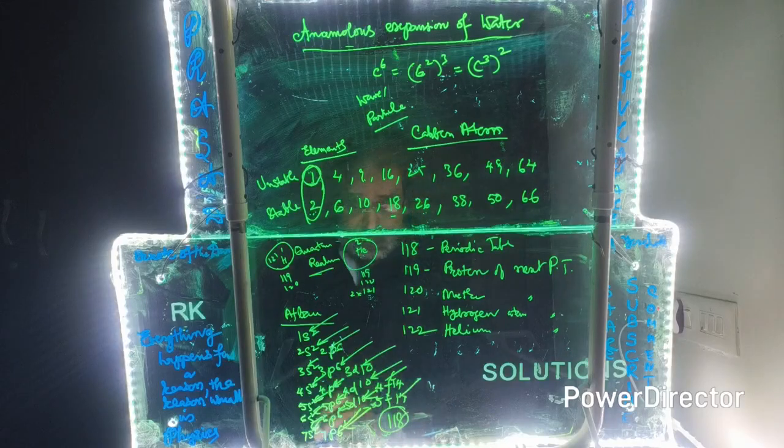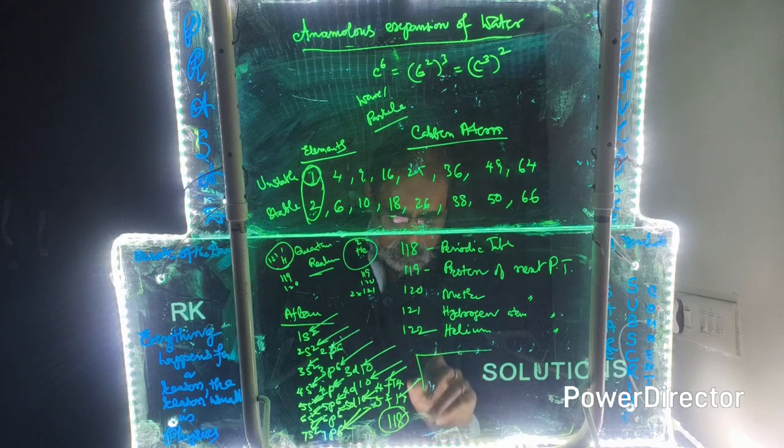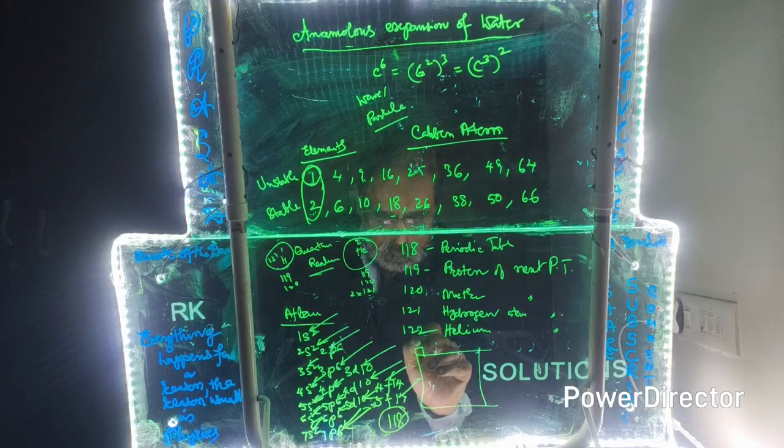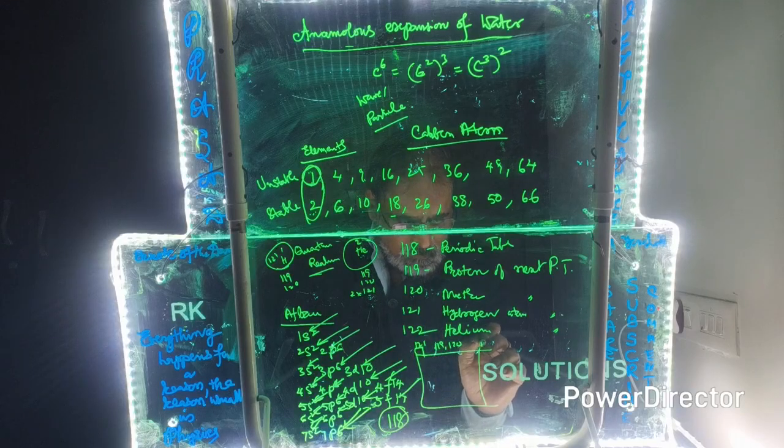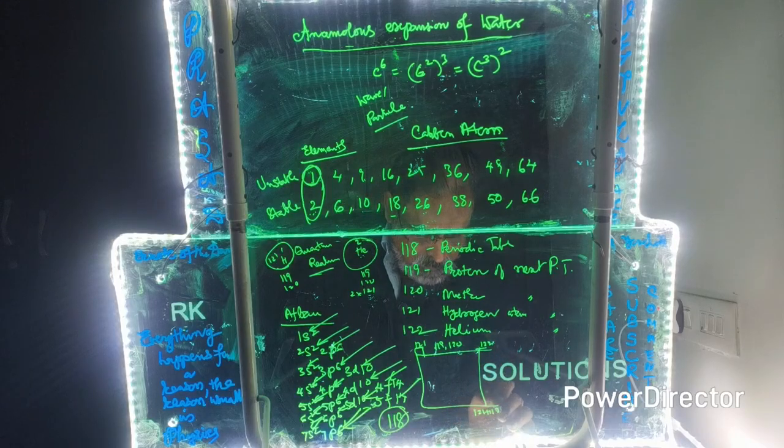So where should the new guy go? Then, I told you, the new table will start with 121, 120 the neutron, 121 the new first element, 122, and here 121 plus 177, that is 298.